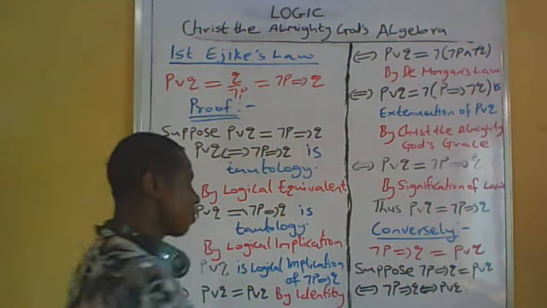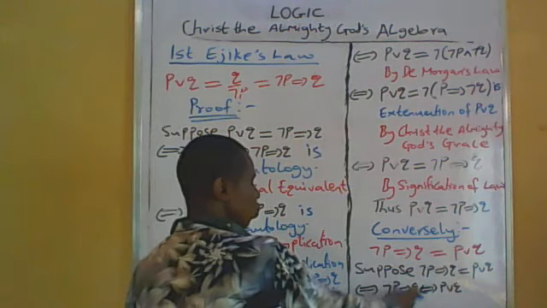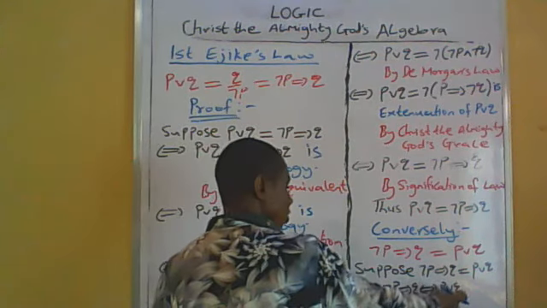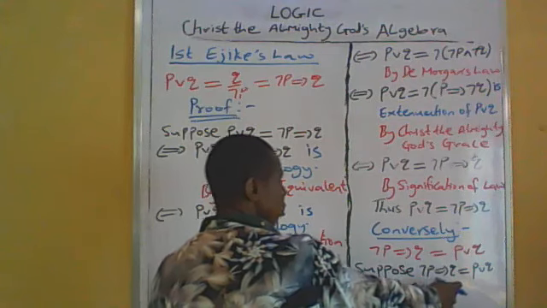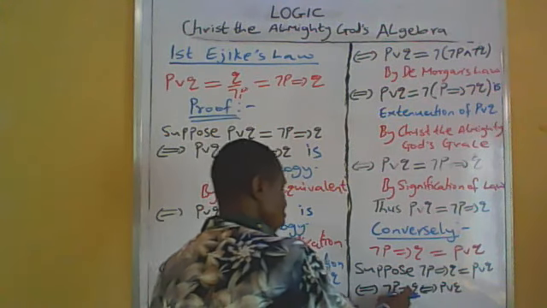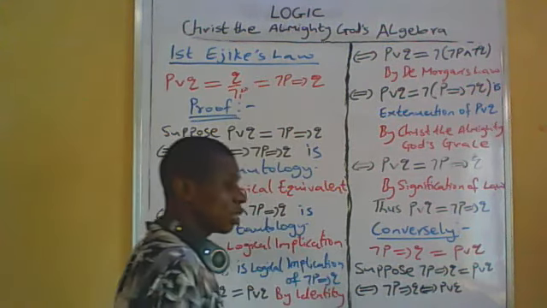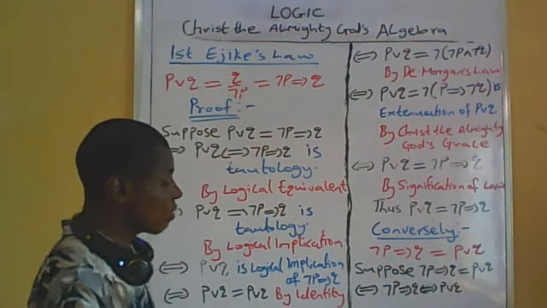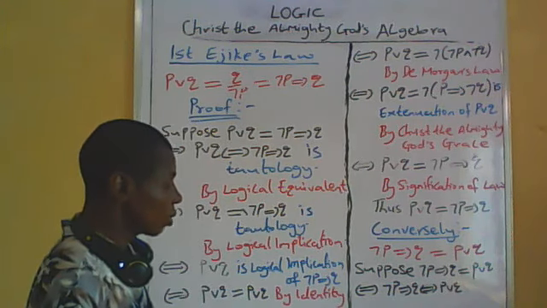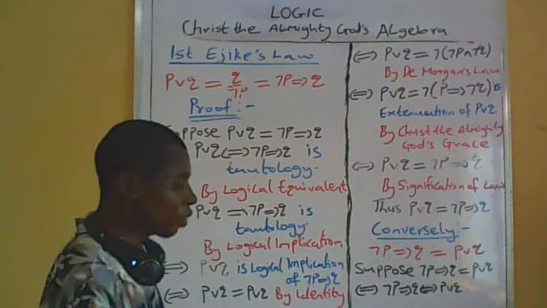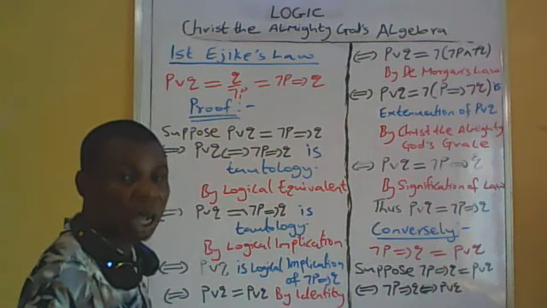And you see that whenever the left side is true, the right side is also true. Whenever one is false, the other is also false. There is no possible falsity, it is always true.